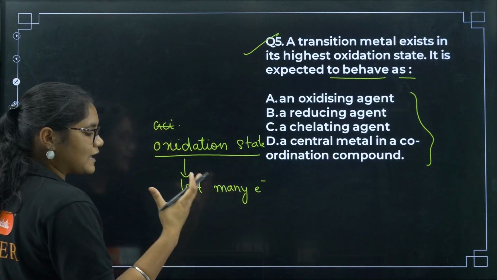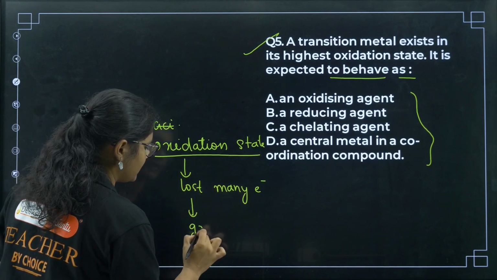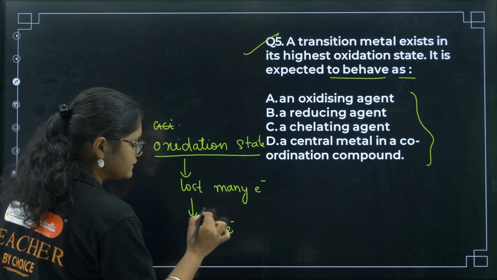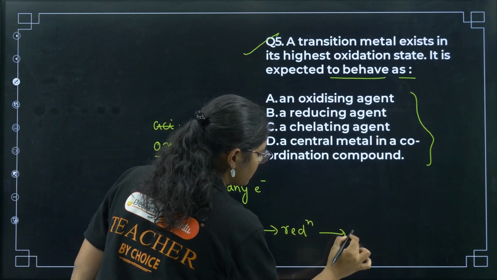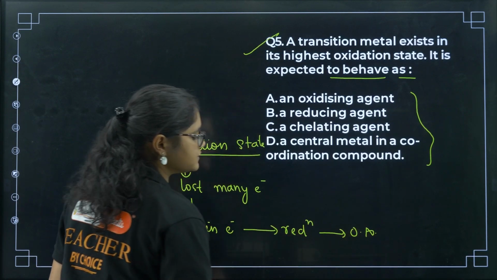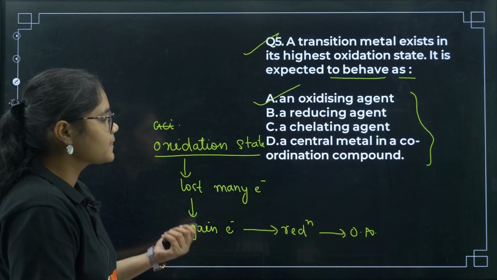Now it can gain electrons. If it is gaining electrons, that means it is undergoing reduction. If it is undergoing reduction, it will behave as an oxidizing agent. So the correct answer will be option number A here.